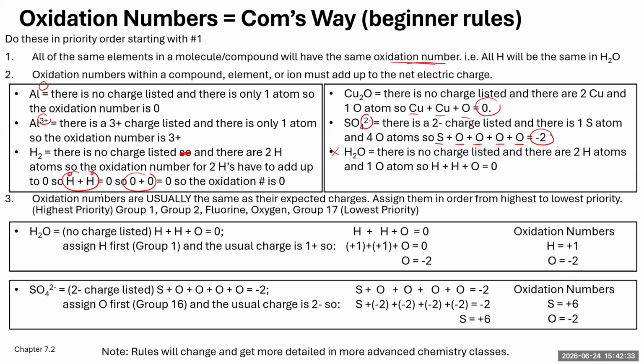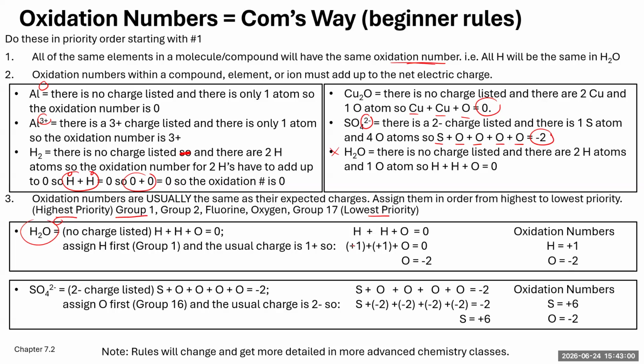Usually, oxidation numbers are the same as their expected charges. Assign them in order from highest to lowest priority. Water is hydrogen, hydrogen, and oxygen. There's no charge, so it has to add up to 0. Assign the first group because it's the highest priority, group 1, that's H plus.